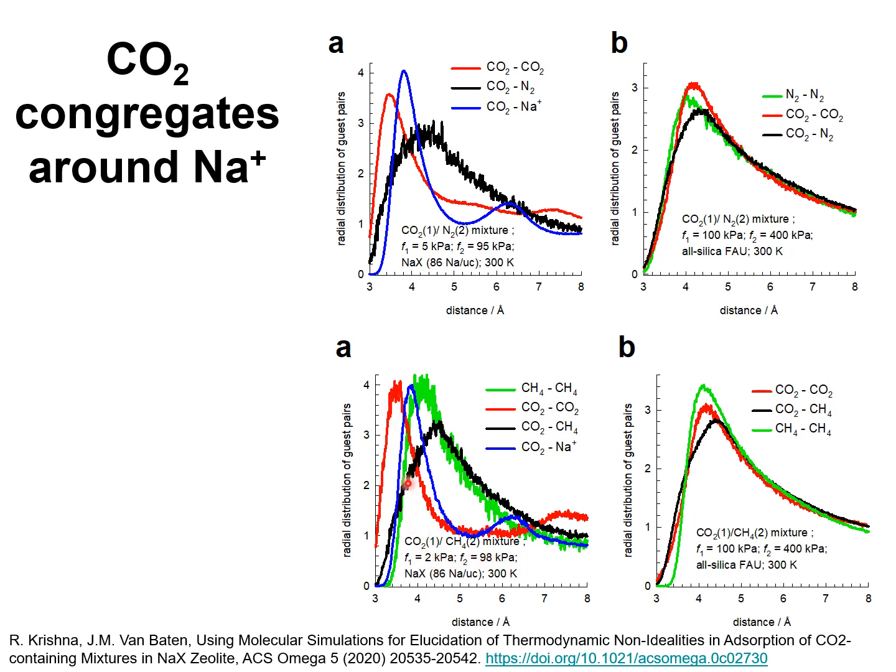The red line is for CO2-CO2 distances in the mixture. This CO2-CO2 distance is much closer than CO2 methane, and the CO2 methane distance is larger than the distance between CO2 and the extra framework sodium cation.